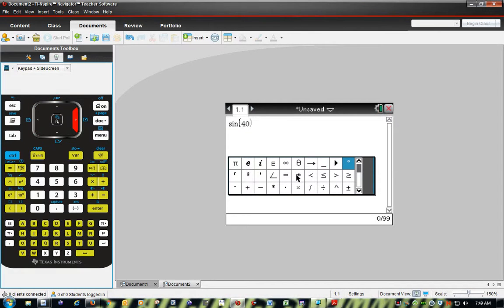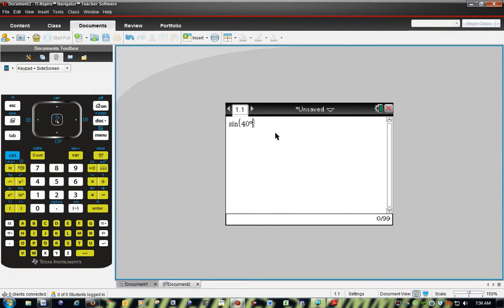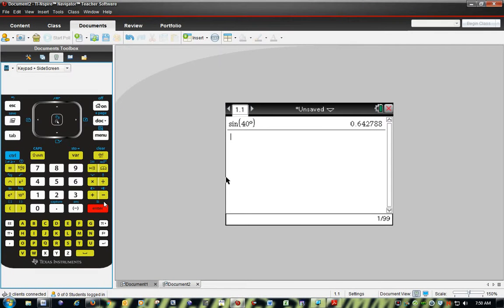So you can use the degree marker, and now we're telling the calculator, find the sine of 40 degrees. It's basically using the correct units. Then you hit enter, and you get 0.642788.